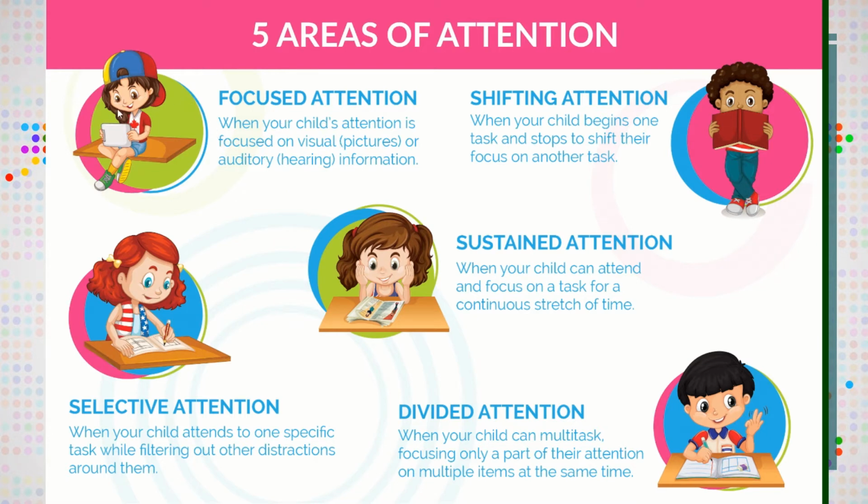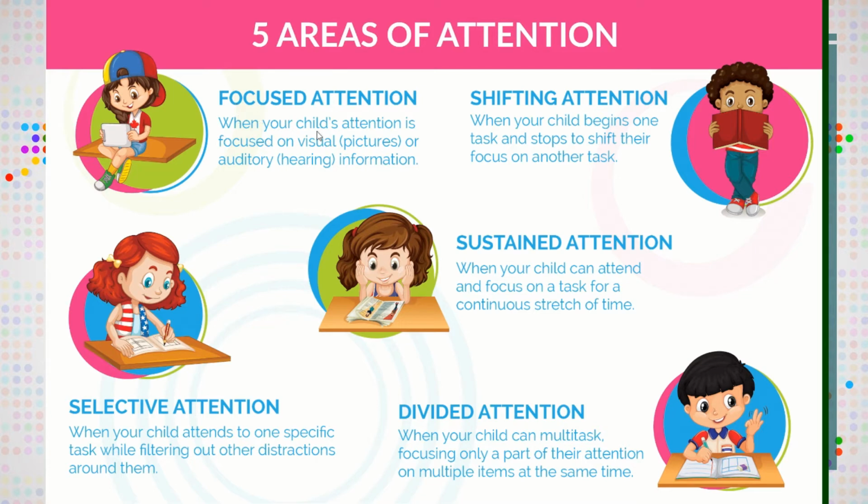So the child can only focus on the particular thing that he is on. In another way, we can relate these to the 5 senses: smell, taste, touch, hear, and listen.